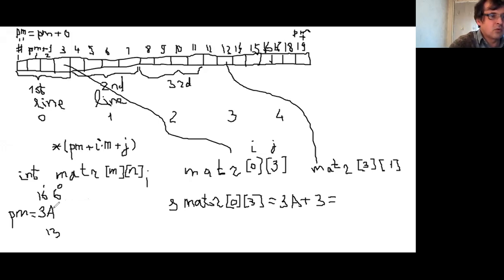So we must take A. 13 is not proper at all in this case. A is 10, so 16 in power 0 is 1, so 1 times 10.